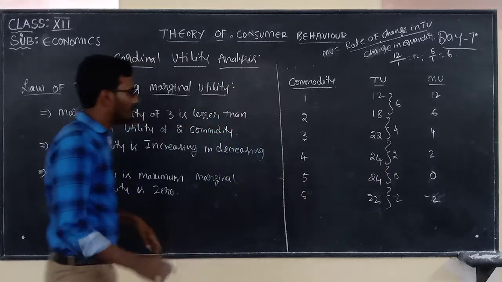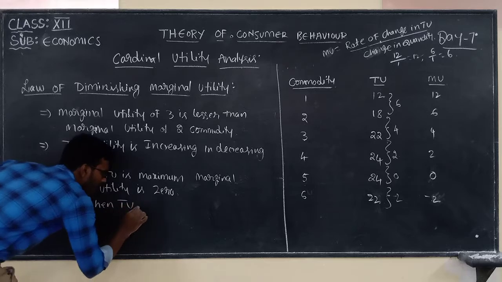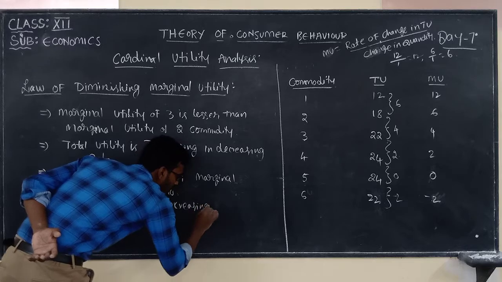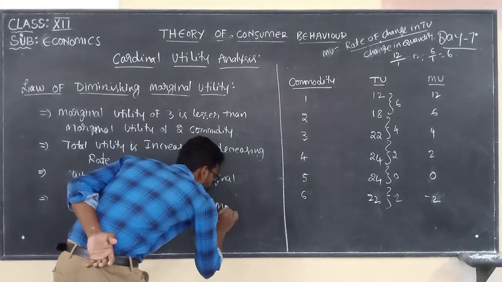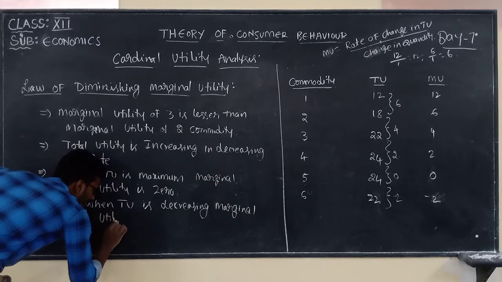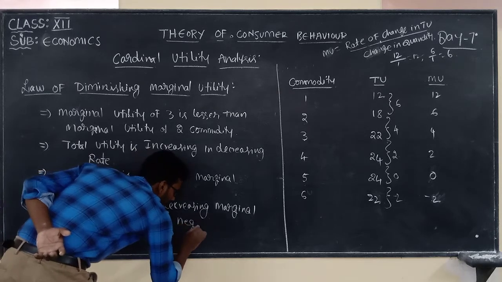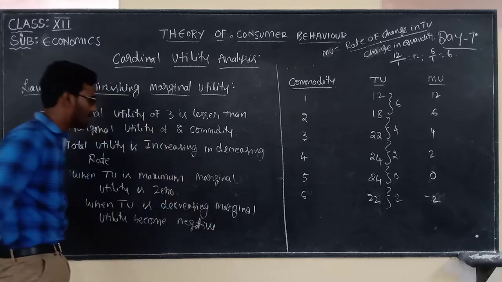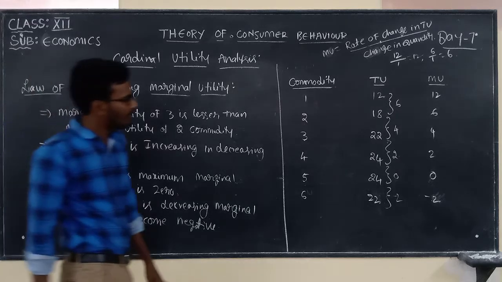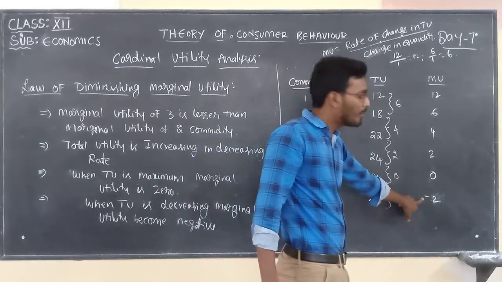And when total utility is decreasing, marginal utility becomes negative. So here, when total utility is decreasing, marginal utility is negative. We can say that total utility decreased from 24 to 22, so marginal utility becomes negative.